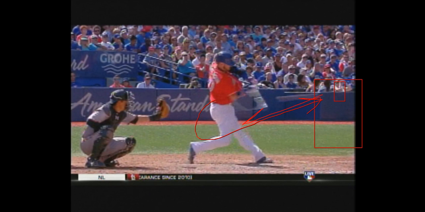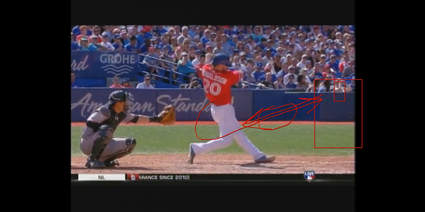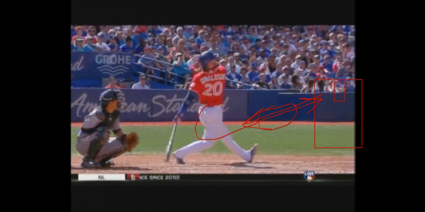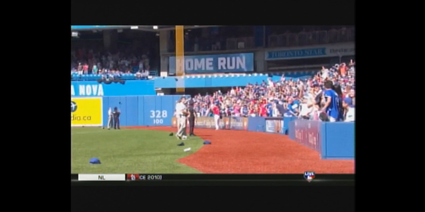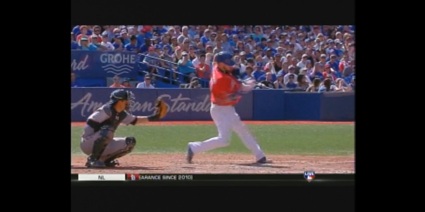Guys are throwing down more than ever before, and because guys are swinging up more than ever before, we have a weird little perfect storm going on. When the ball's at the top of the zone, however, you have to have closer to perfect timing in order to be able to hit it with a swing that's going up. And that's why Josh has less barrels, a lower percentage of barrels. It's 4% rather than almost 7% on balls that are at the top of the zone. Same period of time.